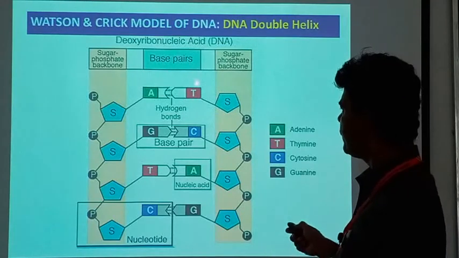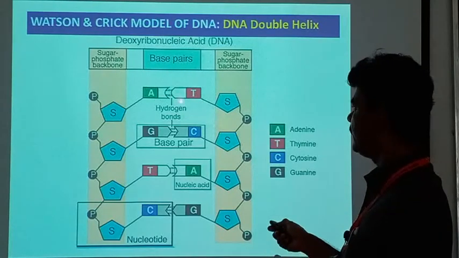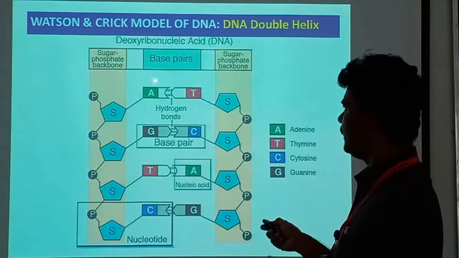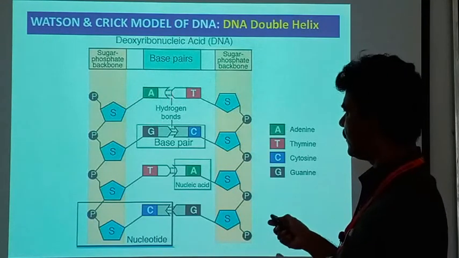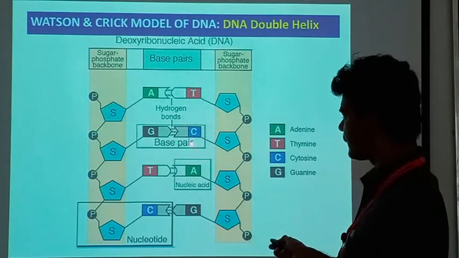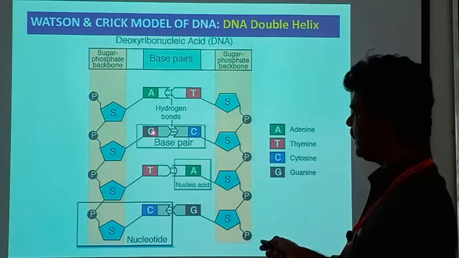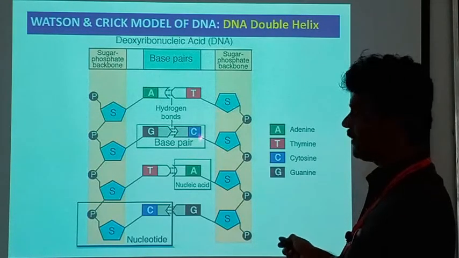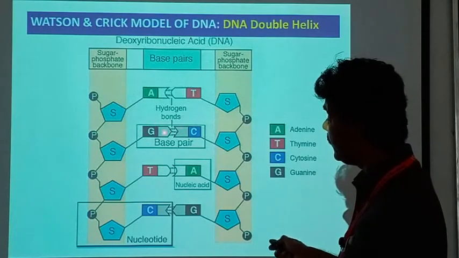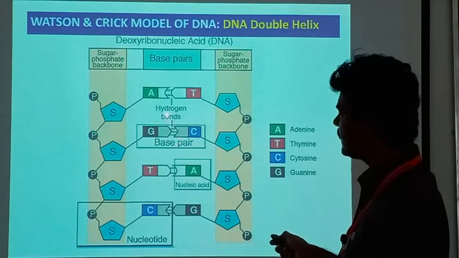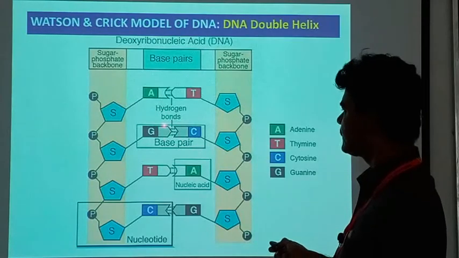So purine pairs with pyrimidine with this hydrogen bond. If there is a pairing between A and T, there is a double hydrogen bond. Now see this. When we look at guanine as a purine and cytosine as a pyrimidine, and there is base pairing, at that time there are 3 bonds. Means guanine to cytosine there is a triple bond.